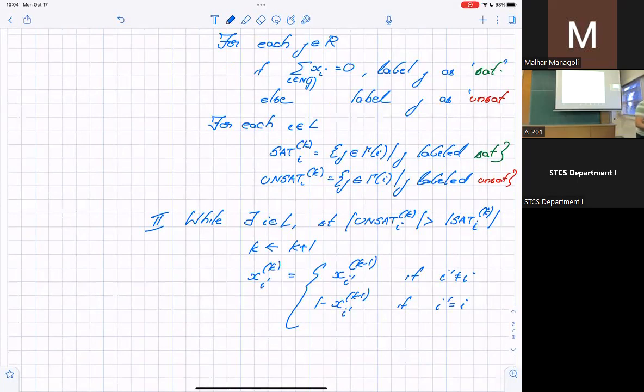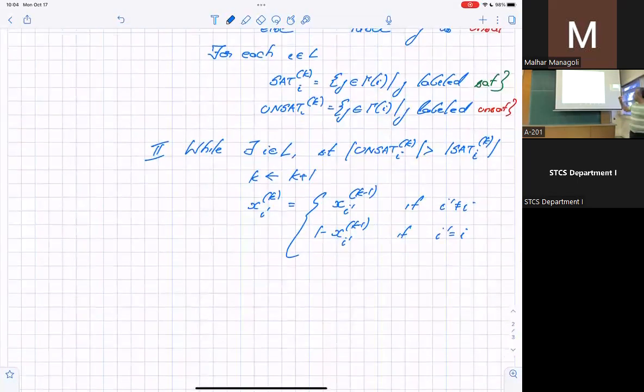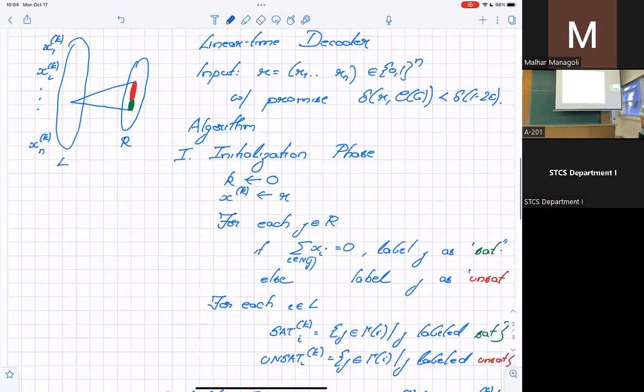In addition to that, notice what we have updated: we have flipped the value of this variable. This is going to affect the sat and unsat status of a whole bunch of constraints.